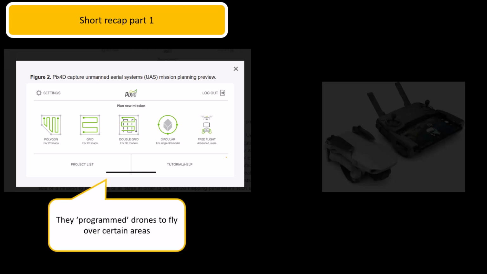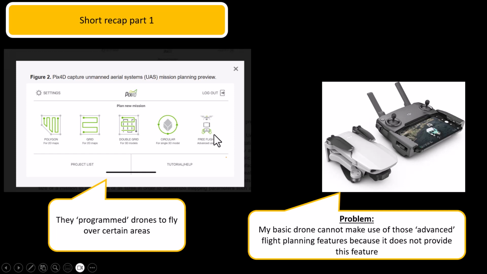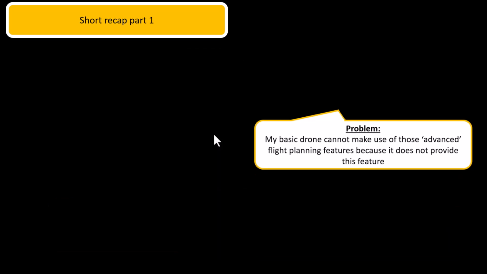Because my drone is not that sophisticated, I used the free flight option, so I had to do it myself and give my best to make good pictures. Of course, sometimes it was okay, but sometimes I learned how to avoid making bad pictures, let's say.